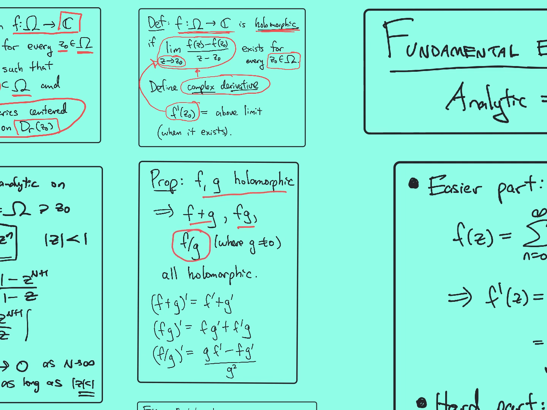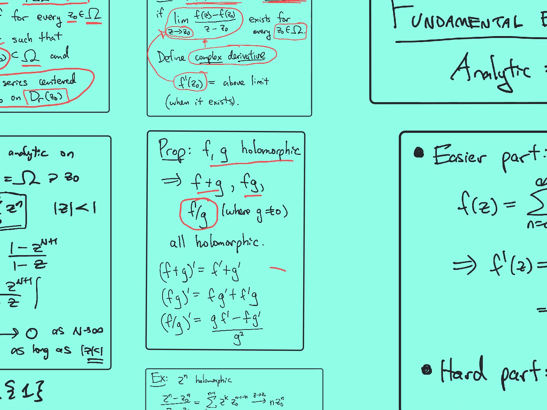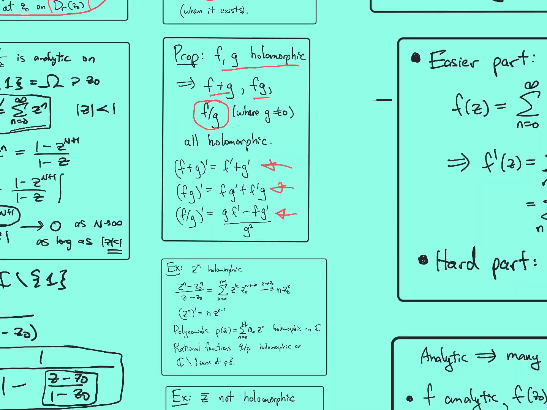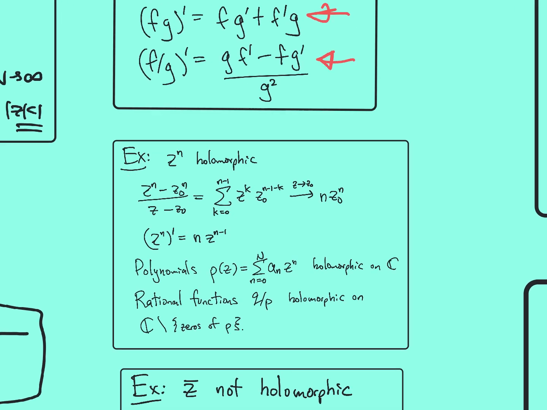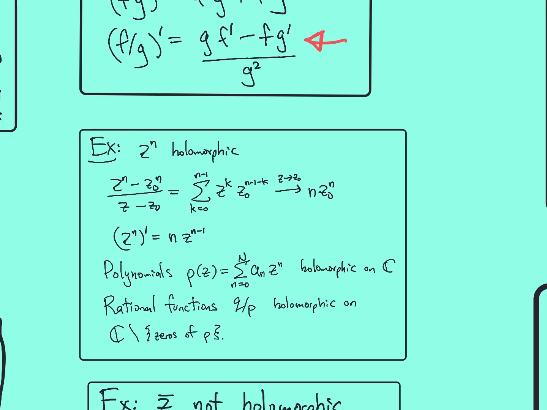The quotient is holomorphic at points where the bottom is non-zero, and then we have the usual derivative formulas for complex derivatives as we do for standard derivatives from calculus. And these kinds of proofs that a derivative exists behave much like they do in calculus.